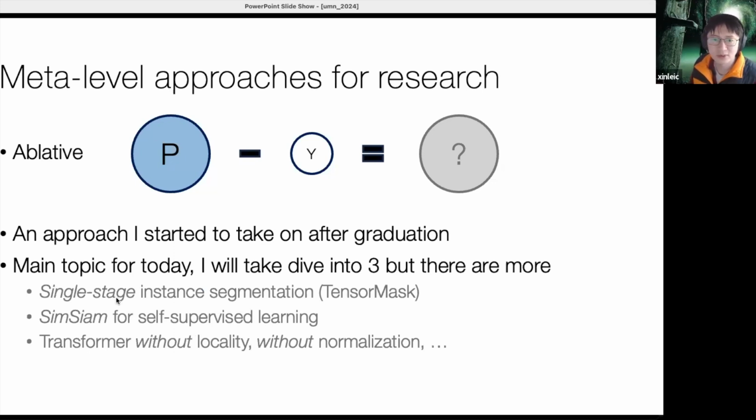So for example, let's remove one stage for object detection. Also, that's a classical task for computer vision and machine learning. Let's simplify the pipeline for self-supervised learning, or let's remove some of the fundamental beliefs about architectures like transformers.